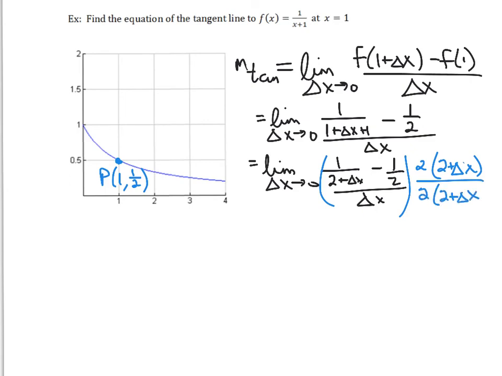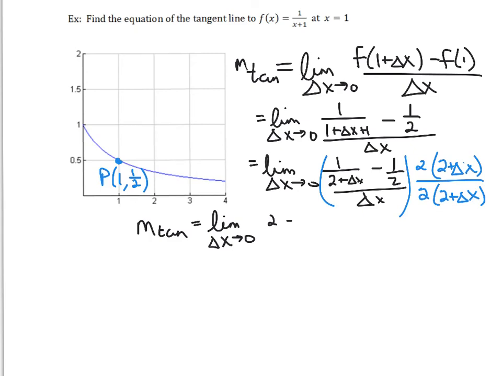So you see that our practice with simplifying limits back in chapter 1 is really paying off here. So the slope of the tangent line will be equal to the limit as delta x approaches 0. Now when I take that very first fraction and multiply it by my least common denominator, the 2 plus delta x's are going to cancel, leaving me with just a 2 in that numerator so far.